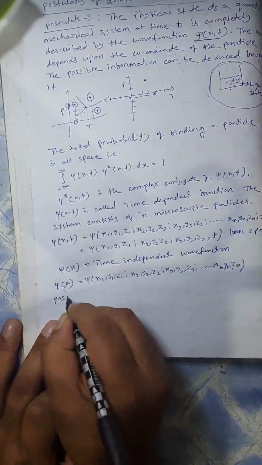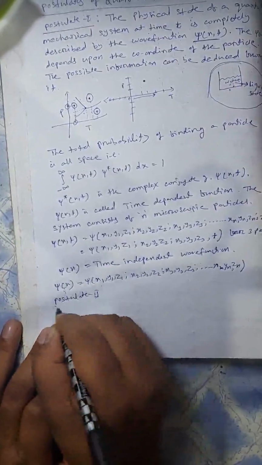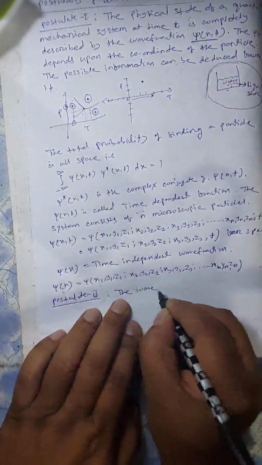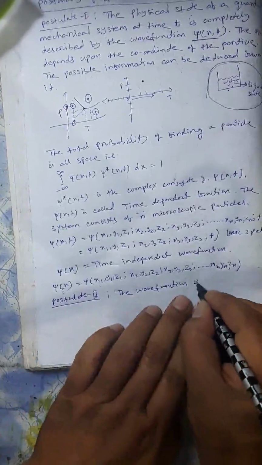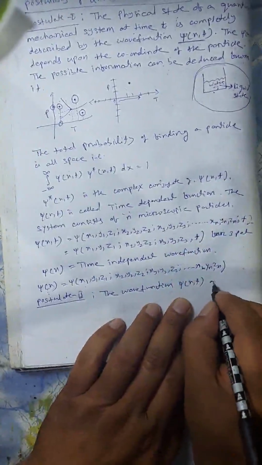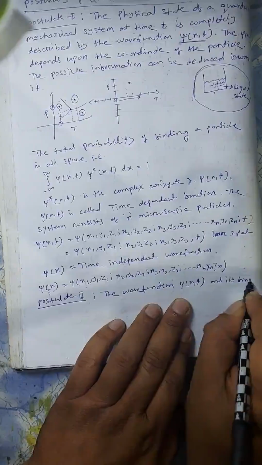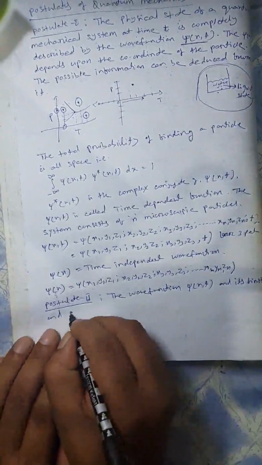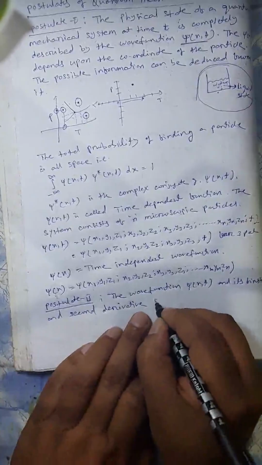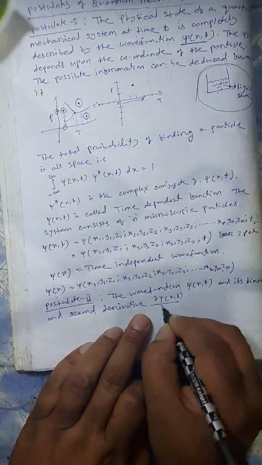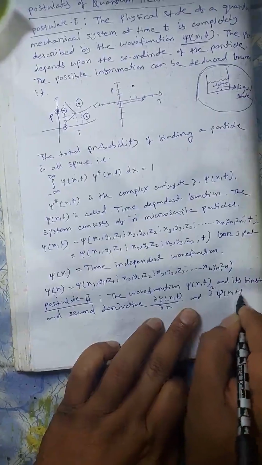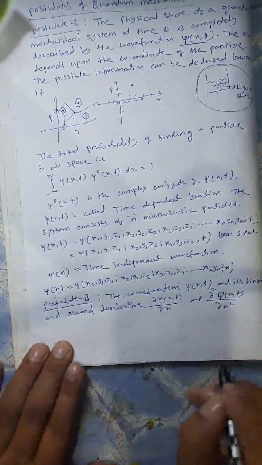Similarly, the second postulate tells that the wave function psi(x,t), which is called the time dependent wave function, and its first derivative and second derivative, such as dou psi(x,t) by dou x, this is the first derivative, and dou square psi(x,t) by dou x square, this is called the second derivative, are continuous.